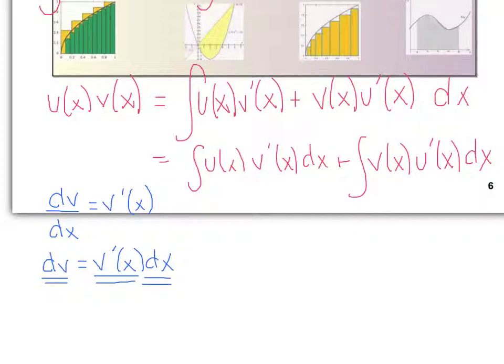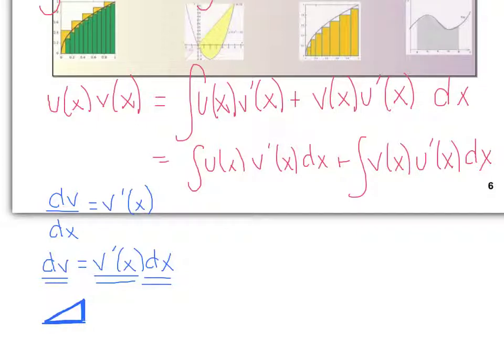And that makes sense if you think about it algebraically as well as graphically, that our change in our dependent variable is equal to the instantaneous rate of change at whatever point of interest times the change in our independent variable.